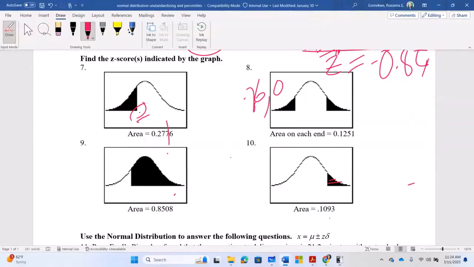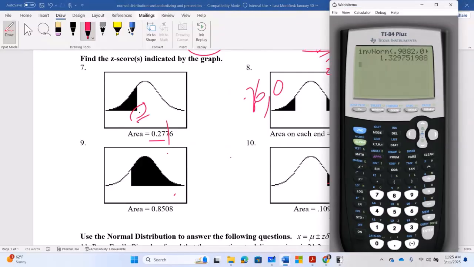And this number 0.2776 is actually less than 0.5. That means that the Z value I'm going to get will be negative, because the area is less than 0.5. So I can just use my calculator or use the chart. So I'm going to use my calculator first. I'm going to clear, then second distribution, inverse norm, number 3, put that number in my calculator, 0.2776.